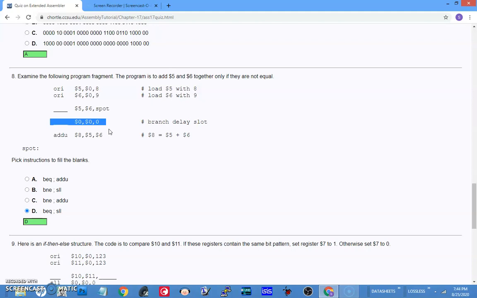Now you may be asking, sir, if an instruction is executing independent of the branch, will it affect the program correctness? Yes, of course. If you execute an instruction, it will for sure affect the program. So in the branch slot, we have to put such an instruction that its execution will not affect the program.